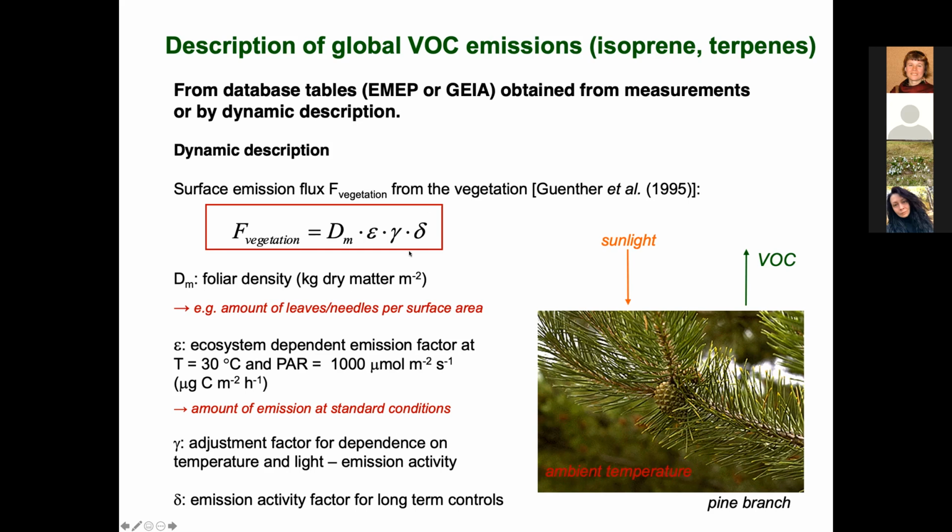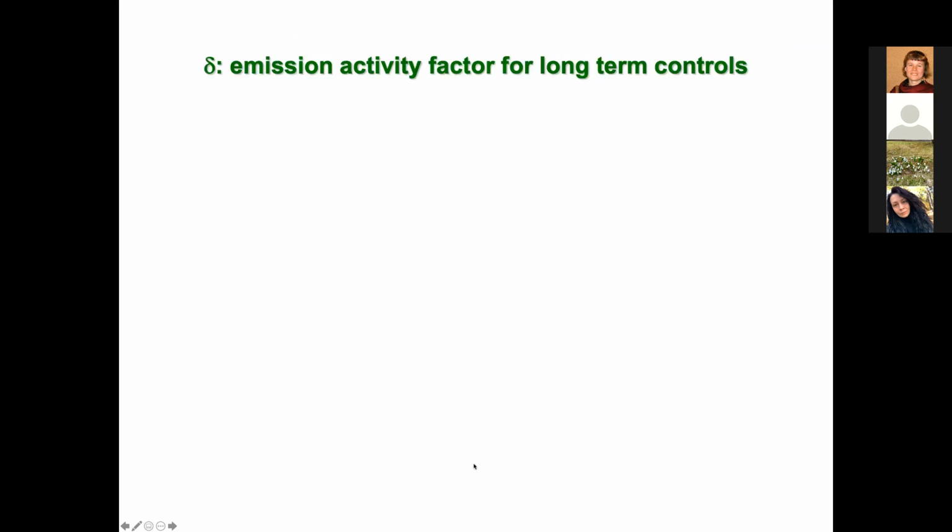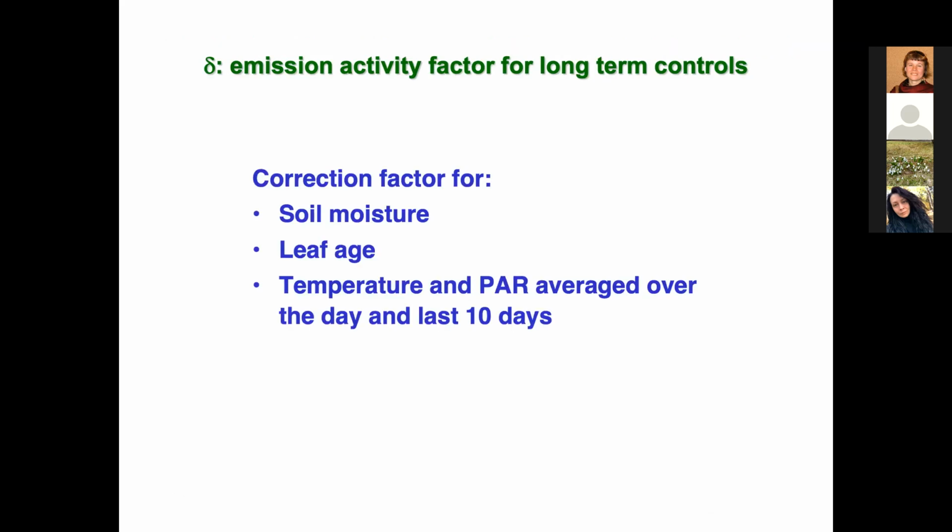And nowadays, and this is new, if I say new, it's about 10 years ago, it was not in the early MEGAN version, there is an emission activity factor for long-term controls. It takes into account the soil moisture, the leaf age, and temperature and PAR averaged over the day and the last 10 days.